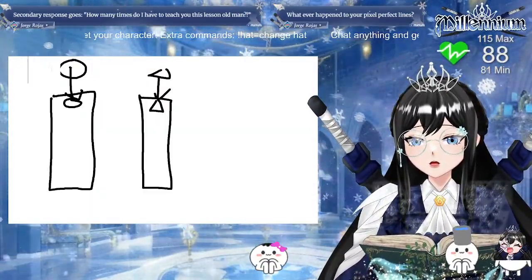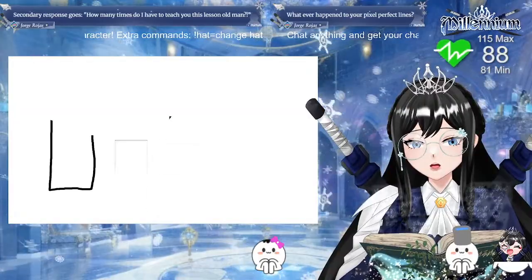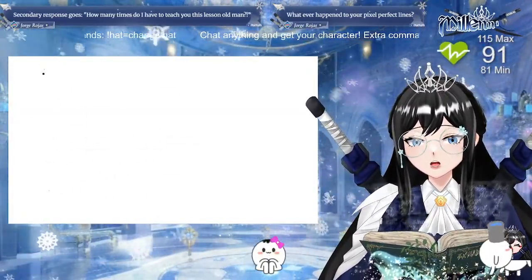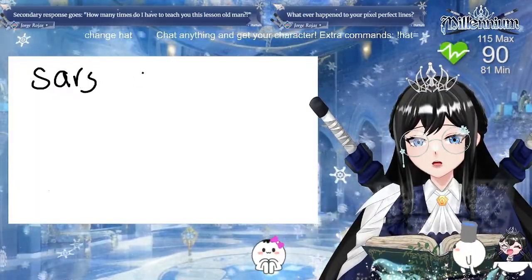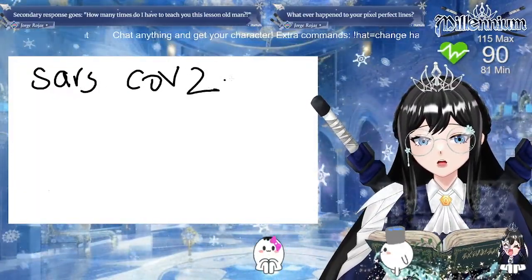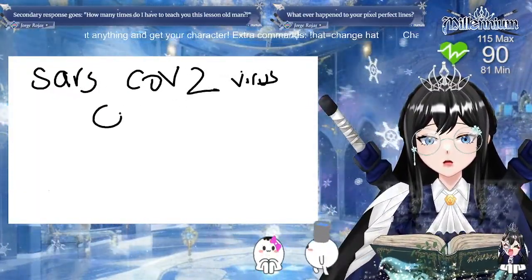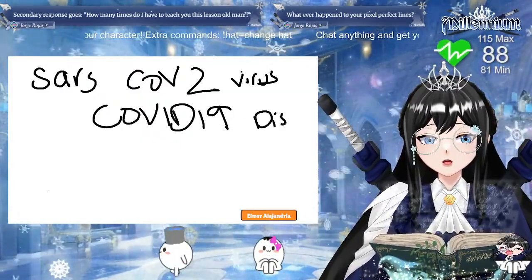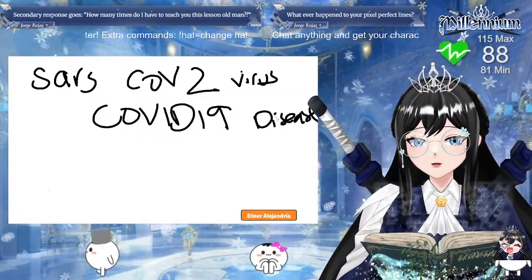SARS-CoV-2, aka the virus that causes COVID-19, because SARS-CoV-2 is the virus. Meanwhile, COVID-19 is the disease. That's the difference.